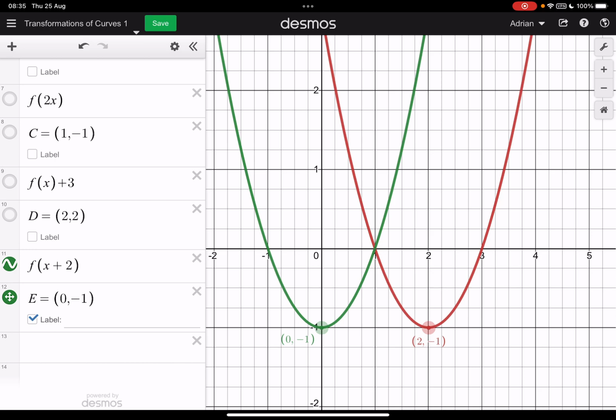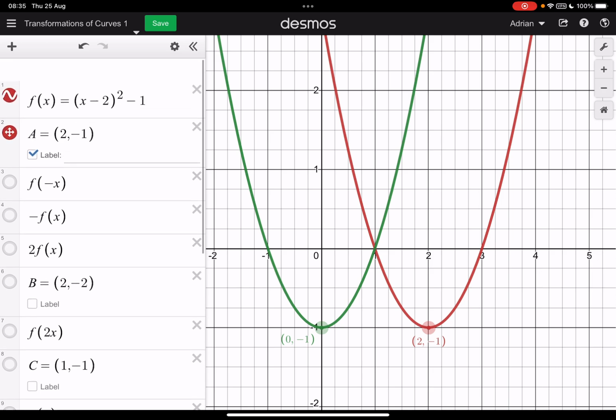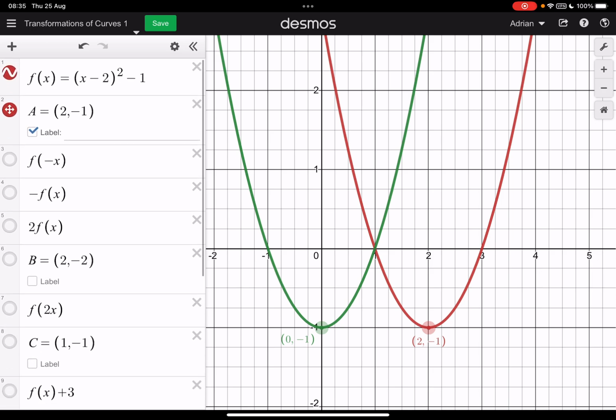So I'm taking away 2. So there's quite a few points to take in there, but the 2 main points: when you do it to the whole function, you're doing it vertically. When you do it just to the x, you're creating a horizontal transformation.